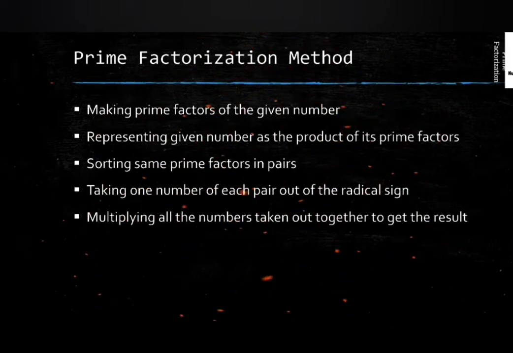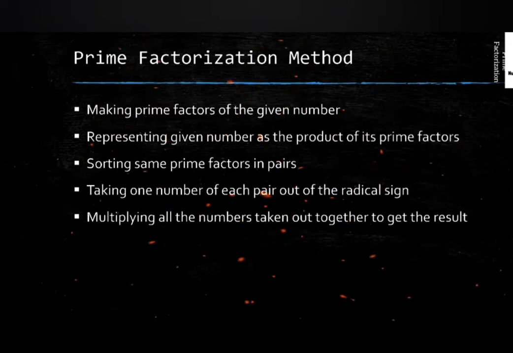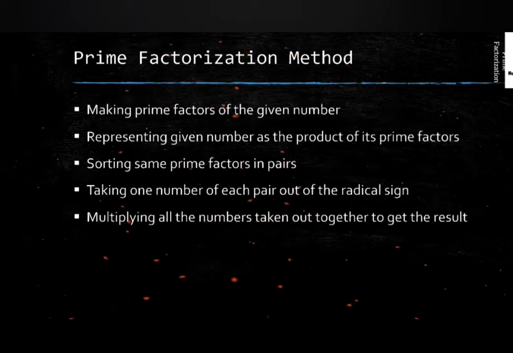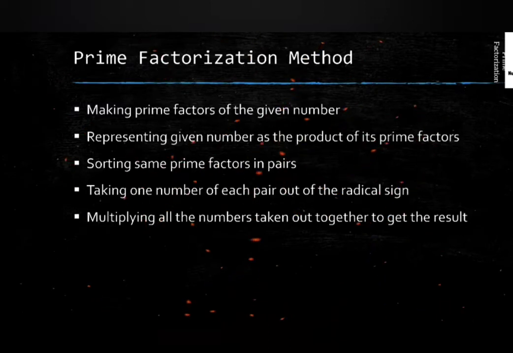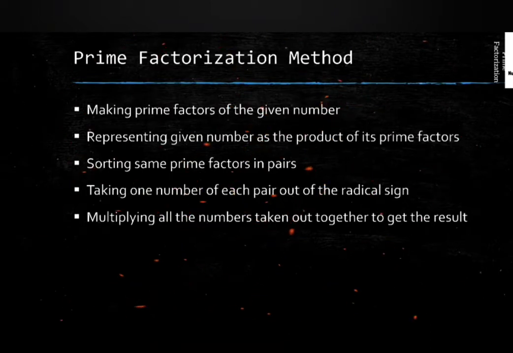The first step is to make prime factors of the given number. Whatever number we have, first of all we will make prime factors of that number. The second step is to represent the given number as the product of its prime factors. Third is to sort the same prime factors in pairs. We will find the same prime factors and write them in pairs. The fourth step is to take one number of each pair out of the radical sign.